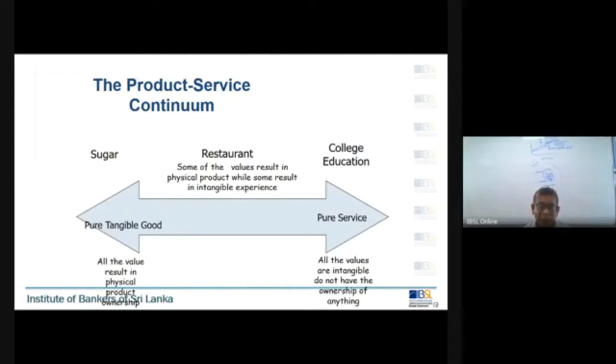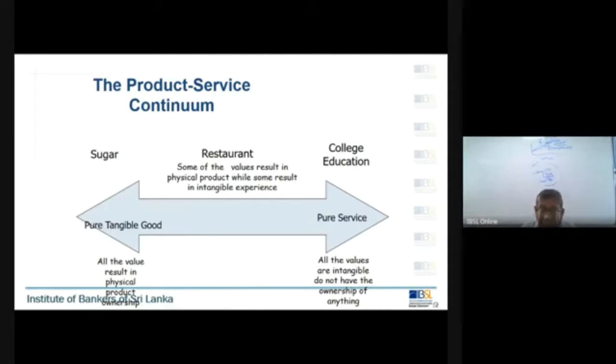All the value results in physical products, ownership and all. Sugar. And you take the pure services, college education. All the values are intangible, you do not have ownership of anything. That's the two things we learned about goods and services at the very early stage.